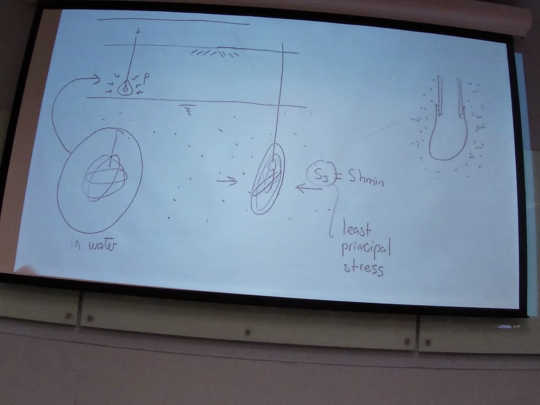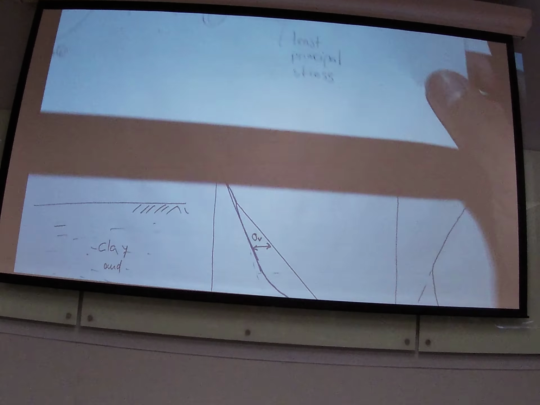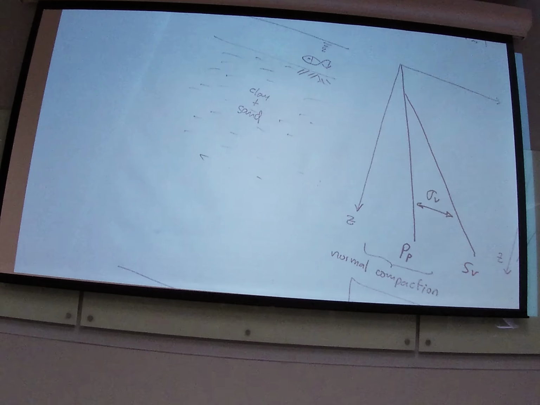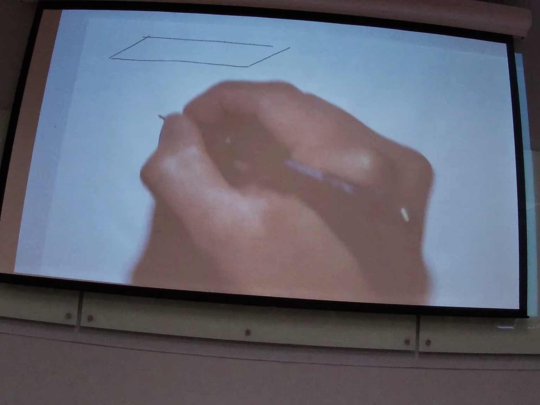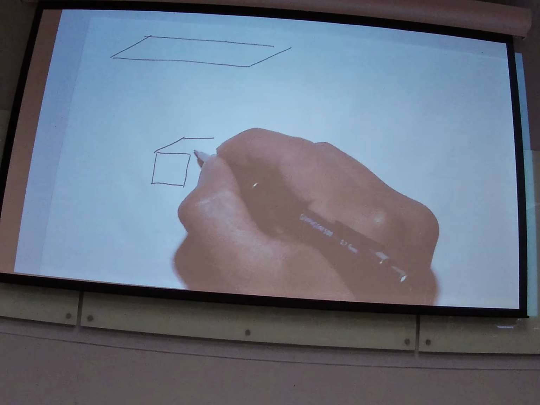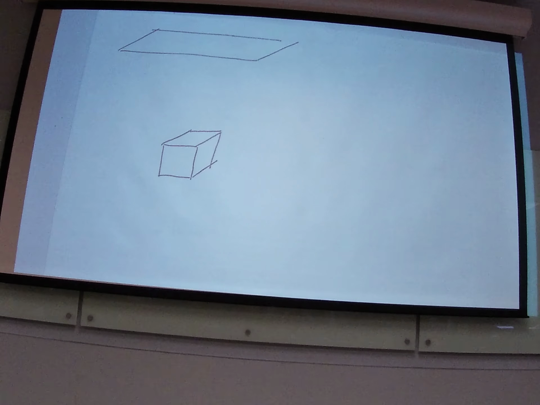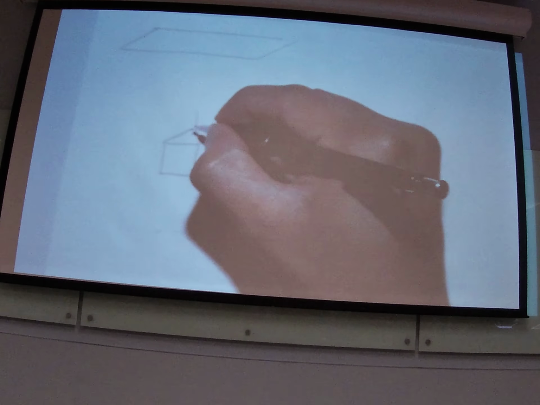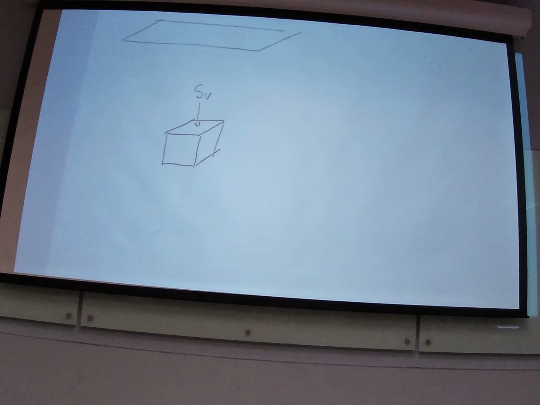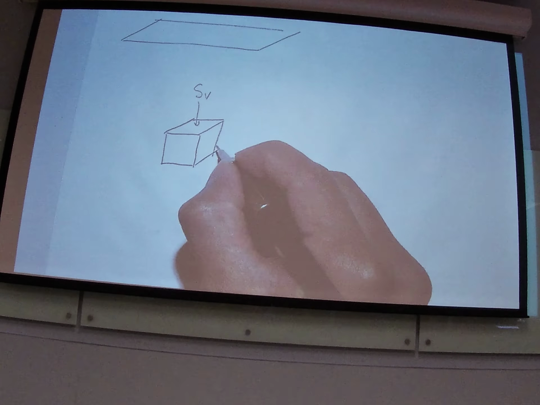And because of that, now we can make this concept a little bit more general and say that in the subsurface, we're going to have, now I'm going to do it in 3 dimensions, a total vertical stress, which is what we have been seeing already.